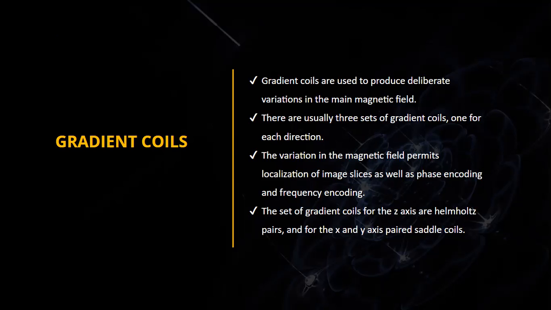The arrangement of these coils gives MRI the capacity to image directionally along the X, Y, and Z axes. Gradient magnets alter the strength of the primary magnetic field, thereby changing precession frequencies between the states. The gradient coils for the z-axis are called Helmholtz pairs, and those for xy are called saddle coils.